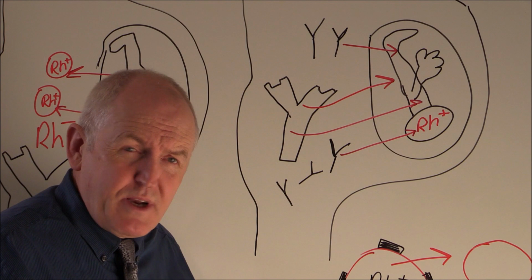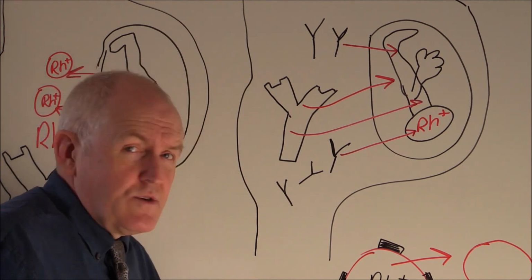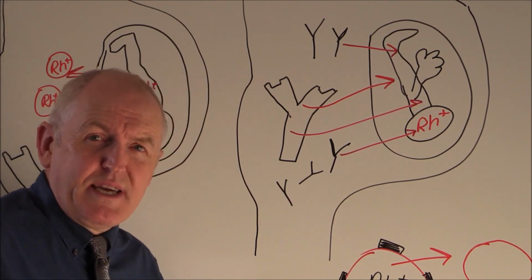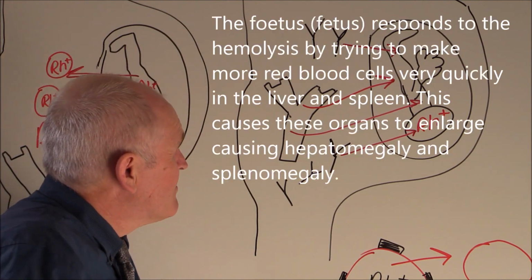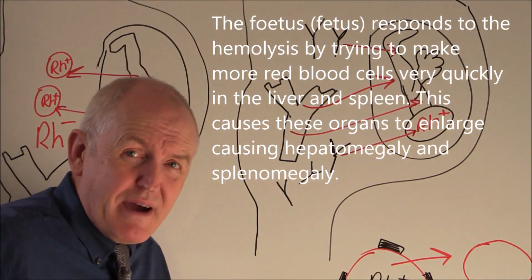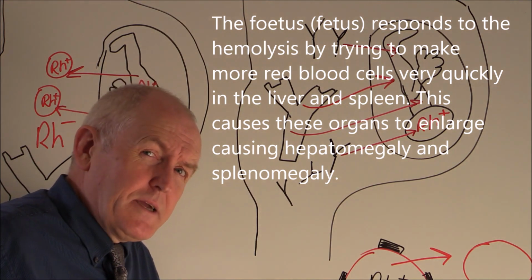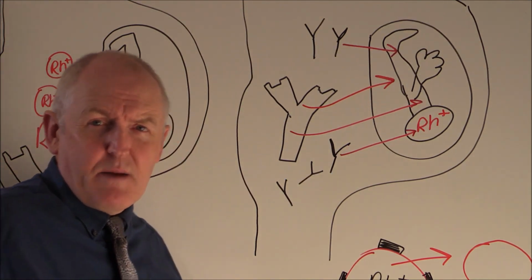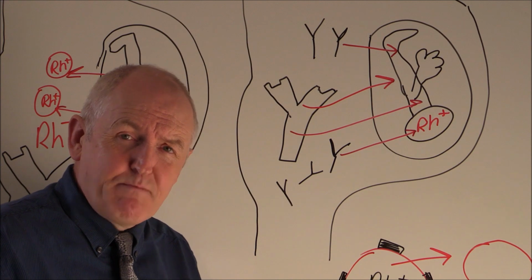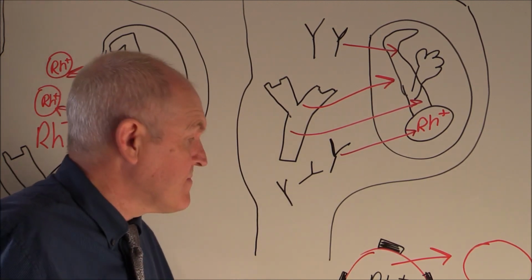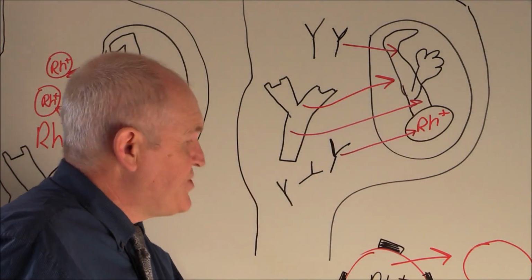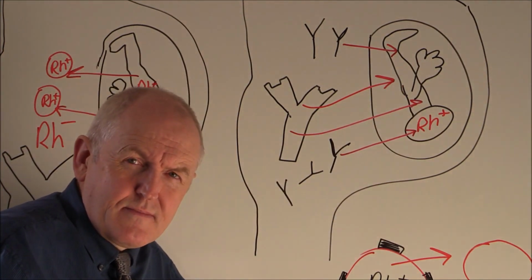And as well as that, in the fetus, the red blood cells are produced in the liver and the spleen. So we're going to get enlargement of the liver and spleen as they try to produce more red blood cells. So the fetus is going to develop a splenomegaly and a hepatomegaly. And as the hepatomegaly develops, the liver gets bigger, the liver function is going to be reduced. So the fetus is going to have reduced liver function.